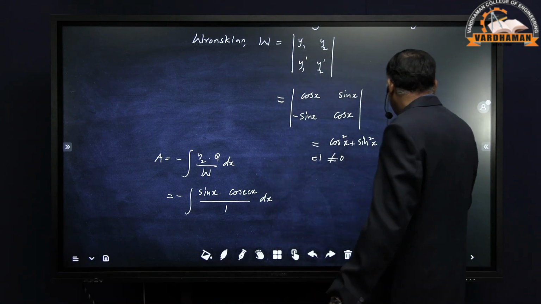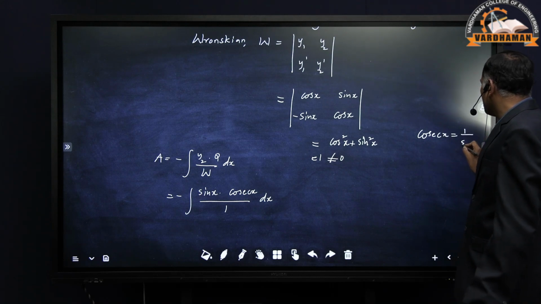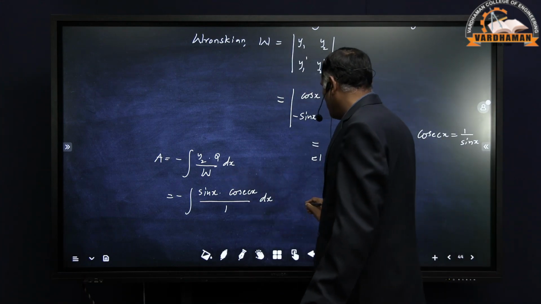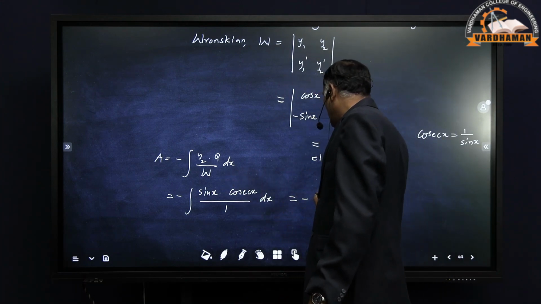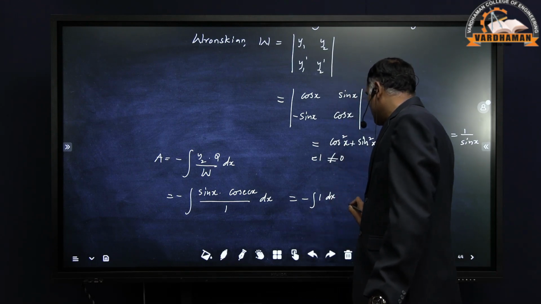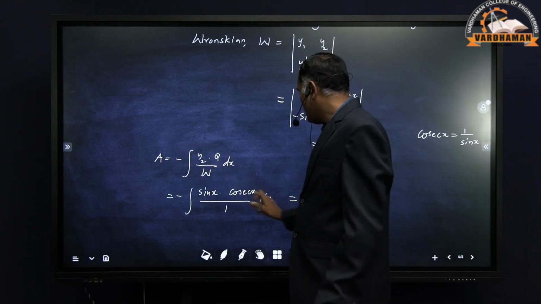Now cosecant x is nothing but 1 by sin x. So sin x can be cancelled here. You will get simply minus 1 dx. This is nothing but minus x. A is nothing but minus x.